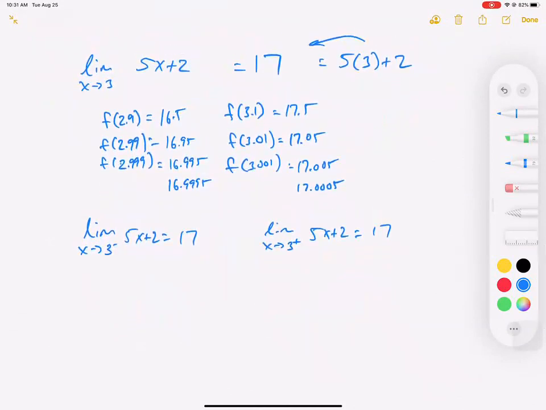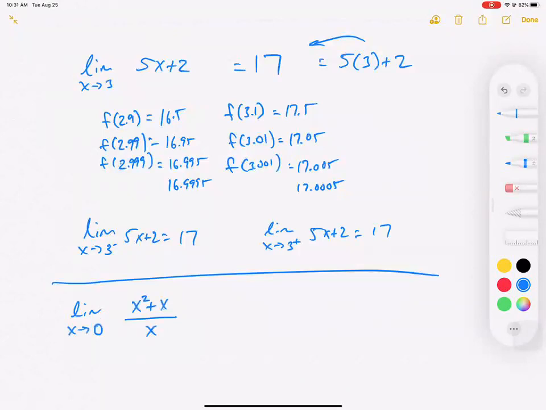So let's look at a function that doesn't work. Let's do the limit as x approaches 0 of x squared plus x over x.